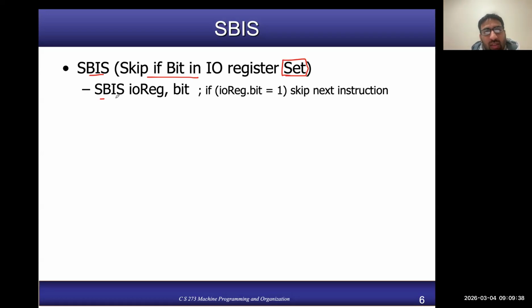The syntax is similar. You first write the name of the instruction, then specify the register, and after the comma you specify the index of the bit that you want to test. It will test the bit at the given index of the given register for a value of 1, and if the value of that bit is equal to 1, the next instruction in the sequence will be skipped.